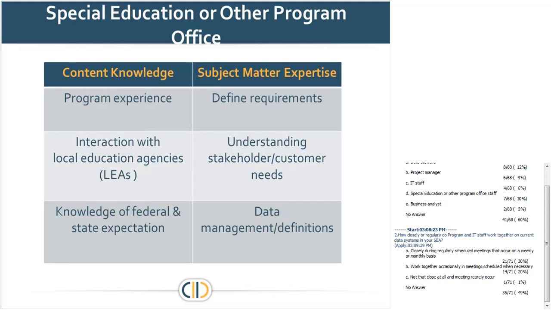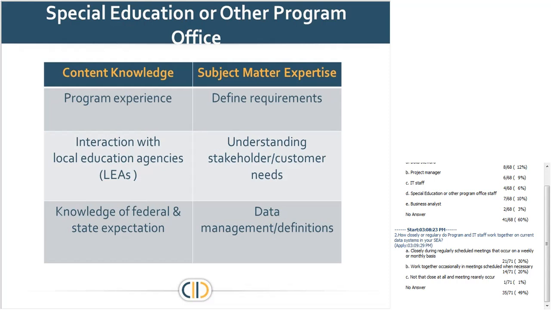On the program office side, there are two main categories here: content knowledge and subject matter expertise. The program office staff are those who understand what the program is all about. They bring to the table their experience with the program and knowledge of the program.